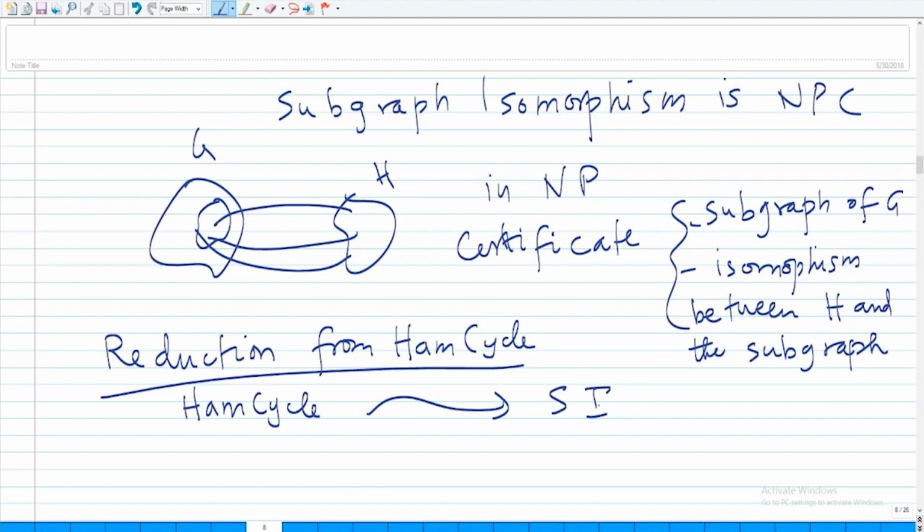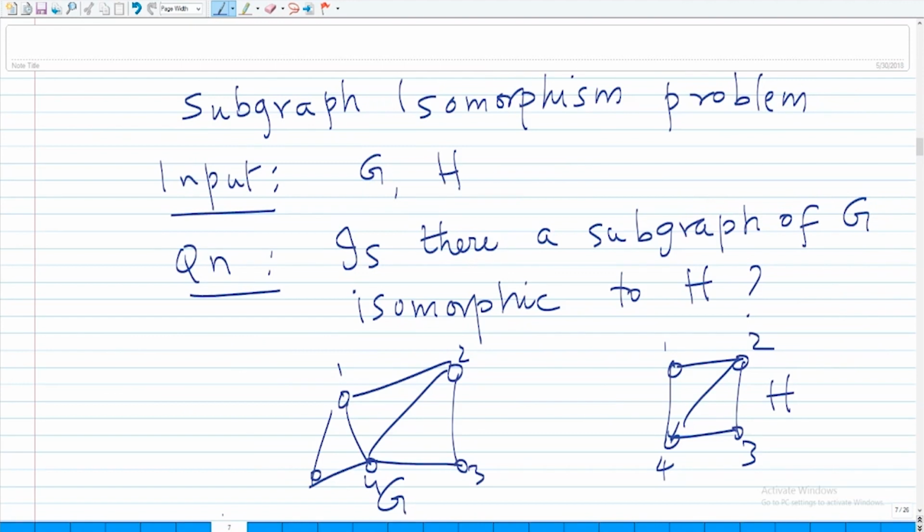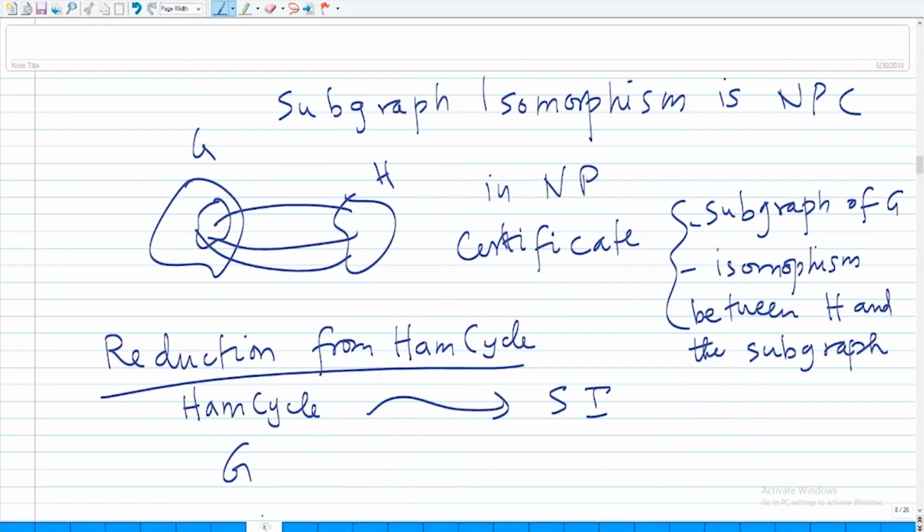Start with an input for the Hamiltonian cycle problem. What is the input? Some graph is given. What is the input for a subgraph isomorphism? Two graphs. Right, subgraph isomorphism problem requires two graphs. So, what are the two graphs you are going to give? G and what is H here?